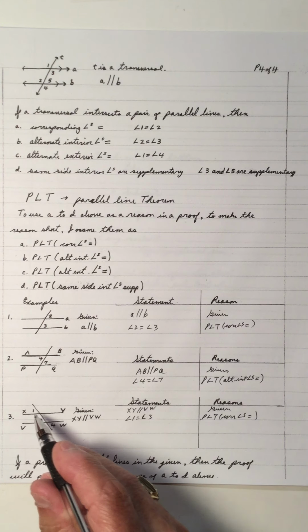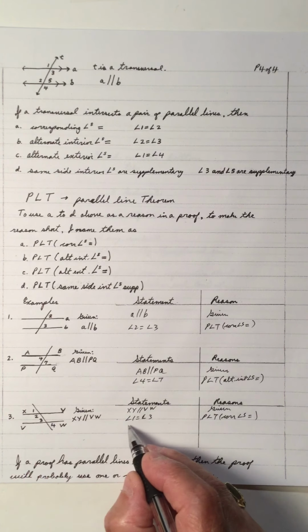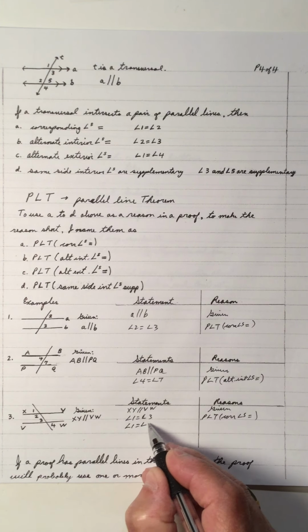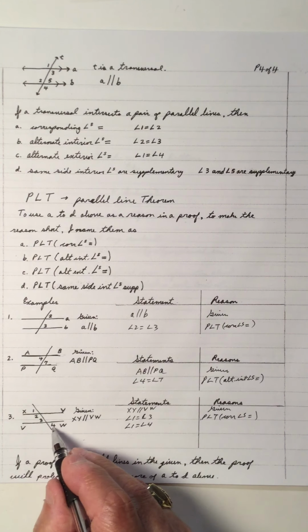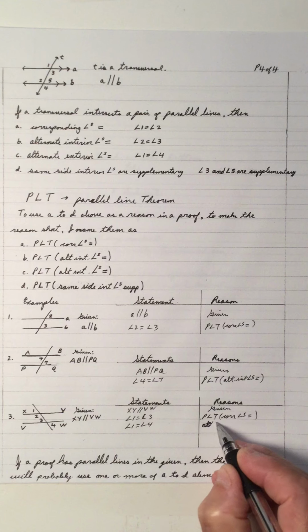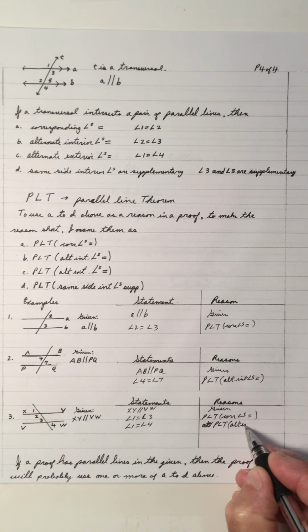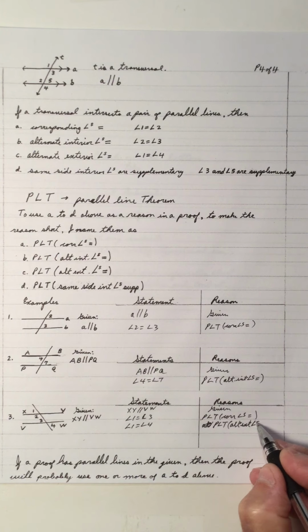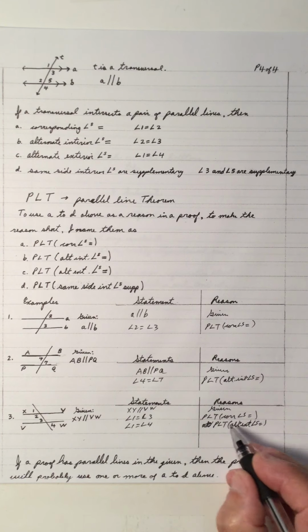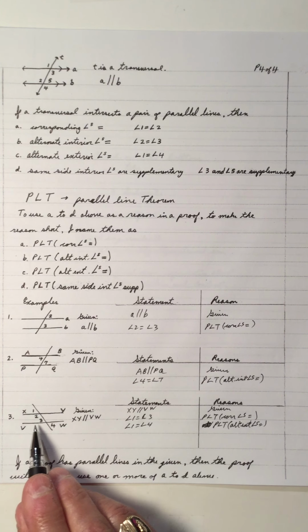We can also say that angle 1 equals angle 4. 1 and 4 are PLT, alternate exterior angles equal.